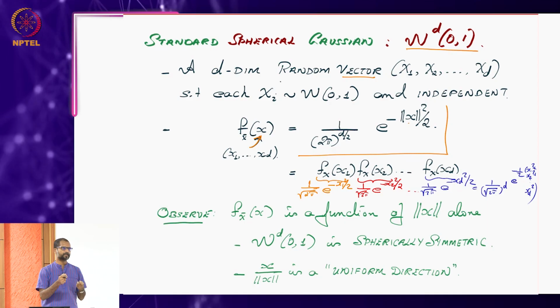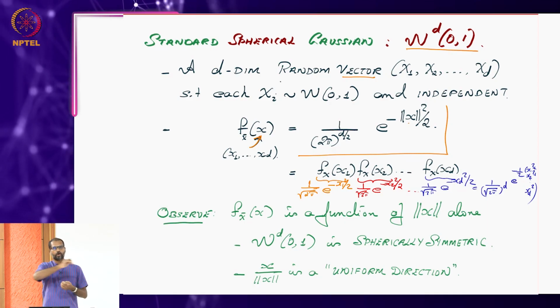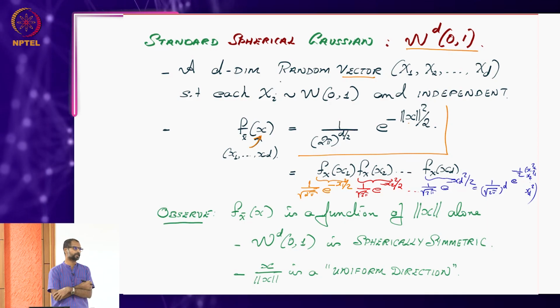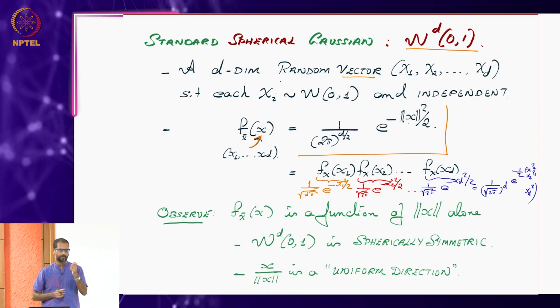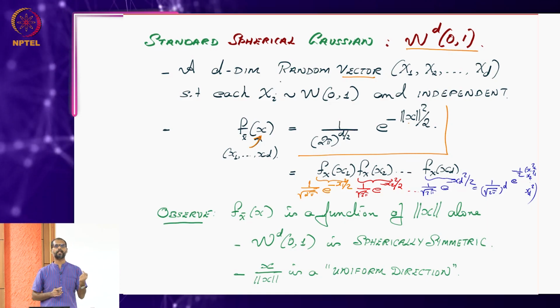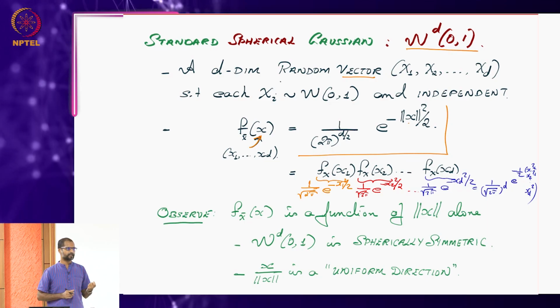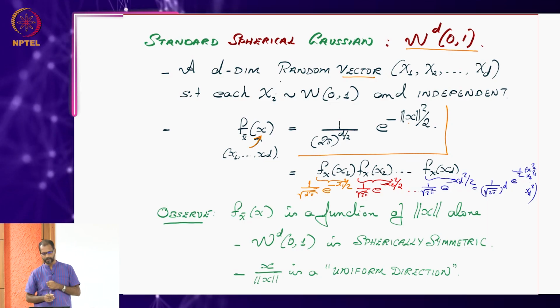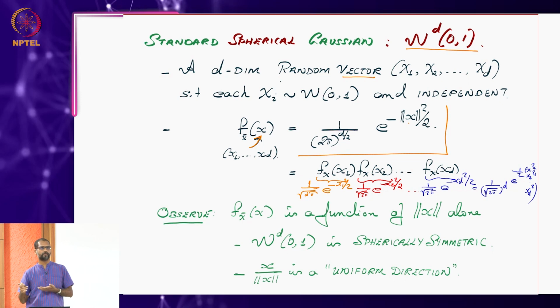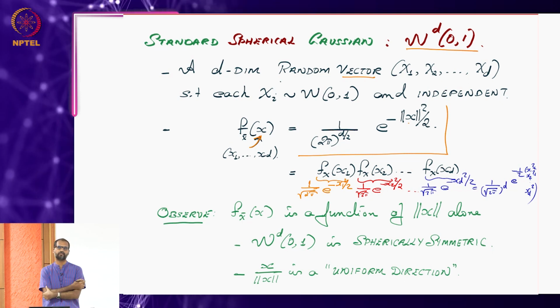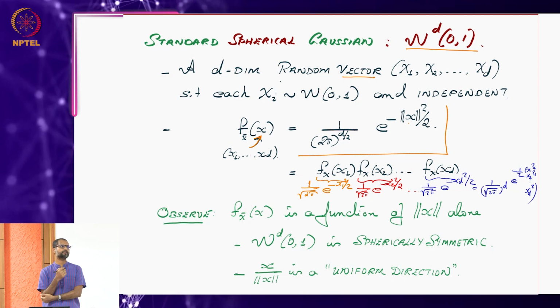Just normalize it by dividing it by the norm. It will give you a unit vector which is equally likely to be in any direction, and this is an extremely useful construction. This is the most common way to sample a point uniformly from a sphere, and this works in spheres in any dimension.